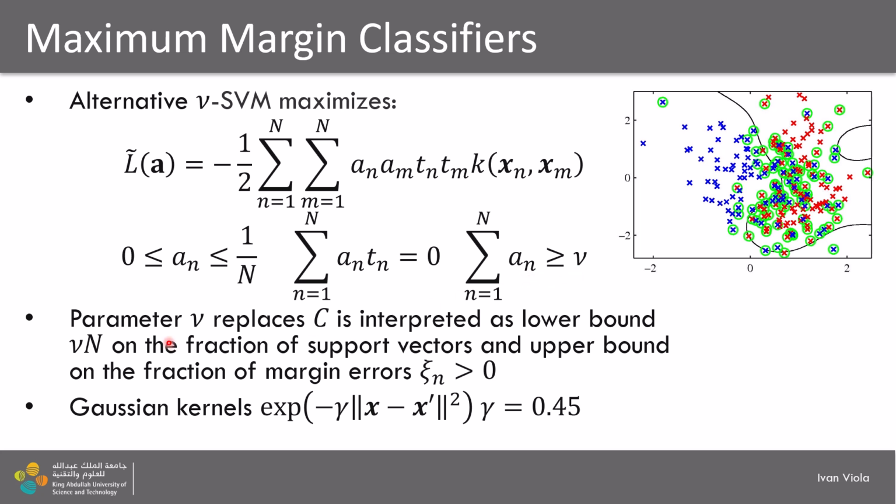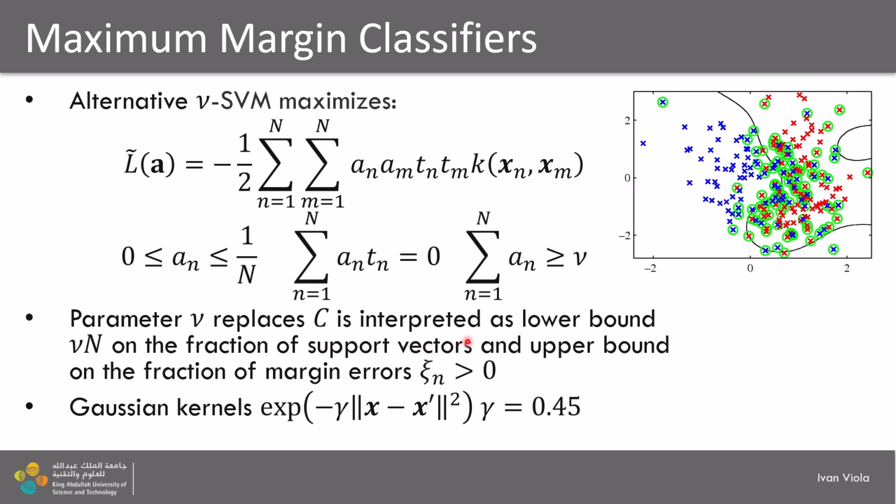That means that nu replaces the C of the soft margin case, and can be interpreted as a lower bound on the fraction of support vectors.